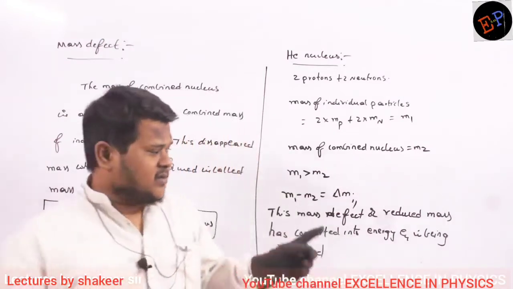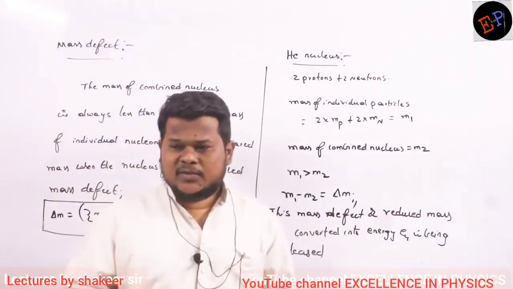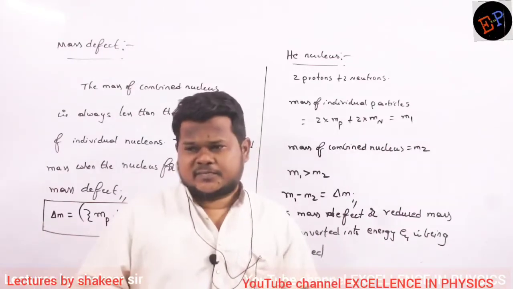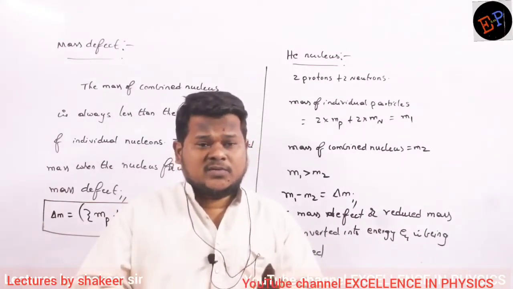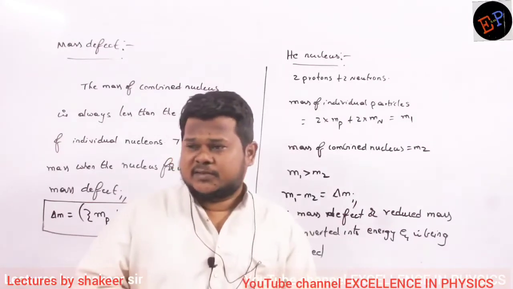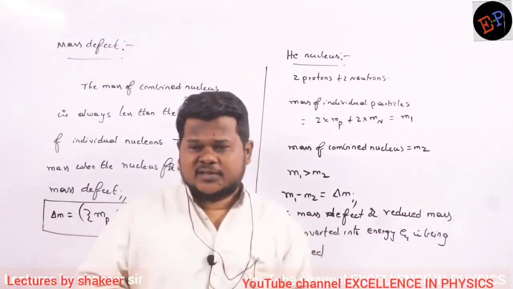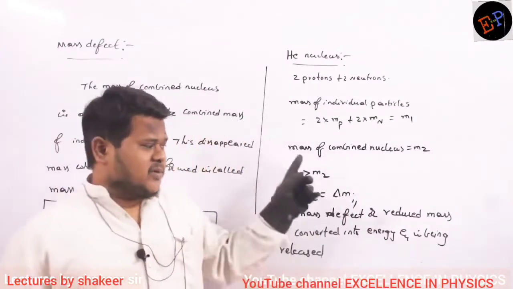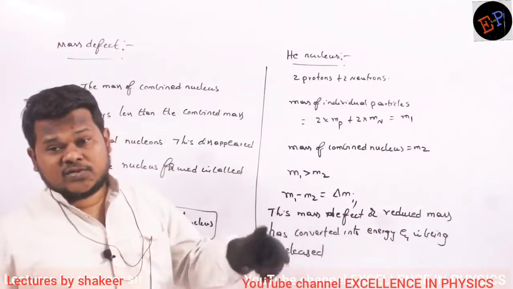It is only because of this mass defect. Are you able to understand? Some of the mass has been converted into energy and released. So when these protons and neutrons lose some energy by converting some of their mass into energy, they become stable. Stability is obtained only because of the release of energy.